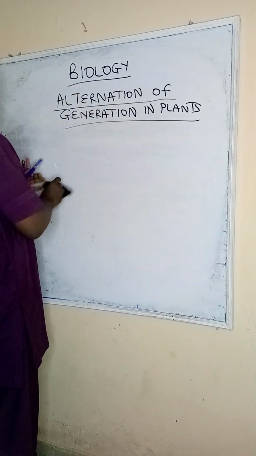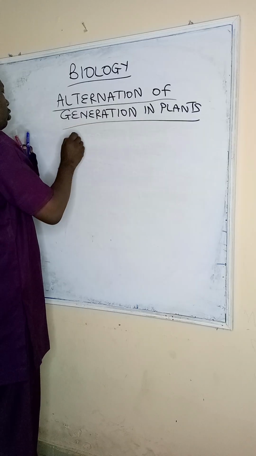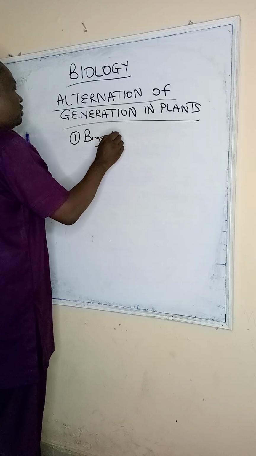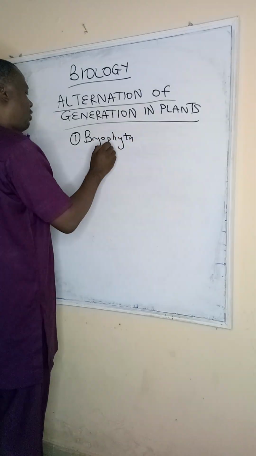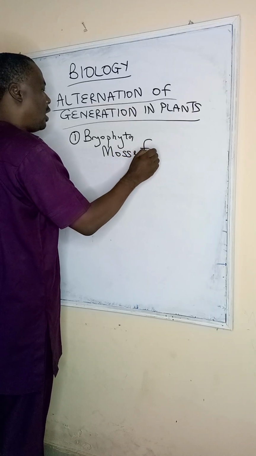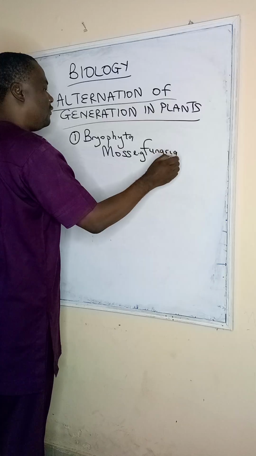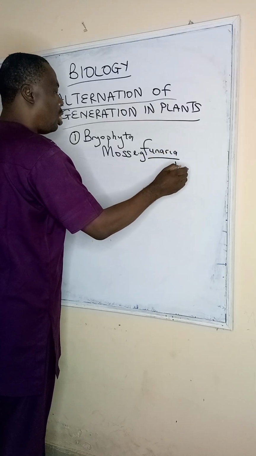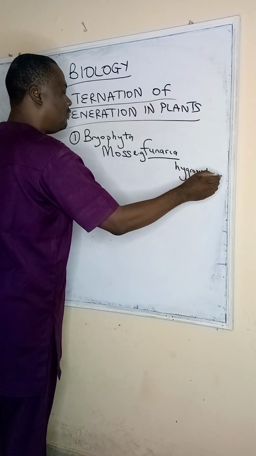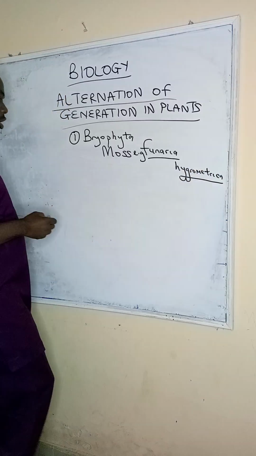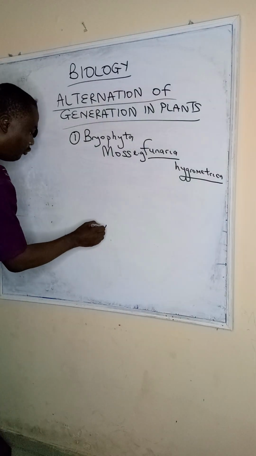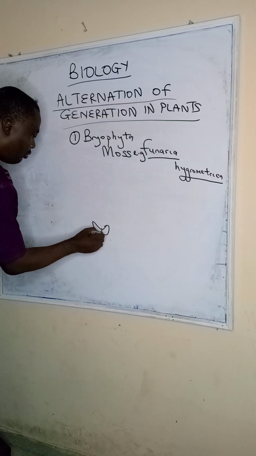Now let's talk about the moss, the bryophytes. An example of a moss is Funaria hygrometrica. If I draw the Funaria for you, something like this.